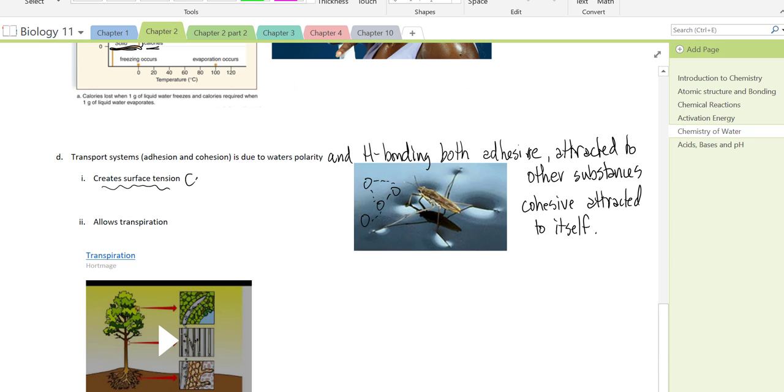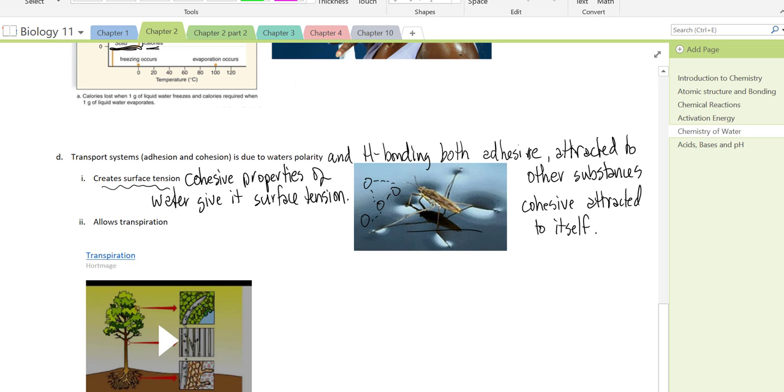So the cohesive properties of water give it surface tension, which, if you're this little bug, is pretty helpful to supporting its life, right?